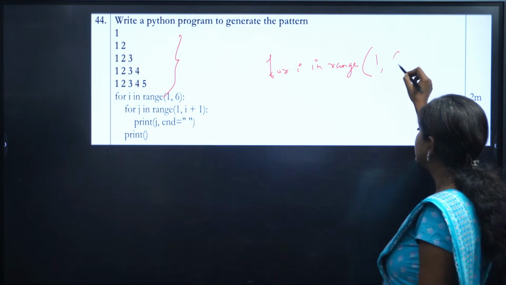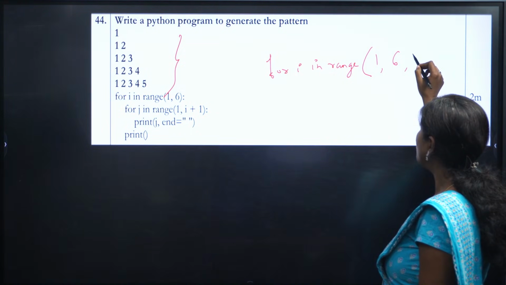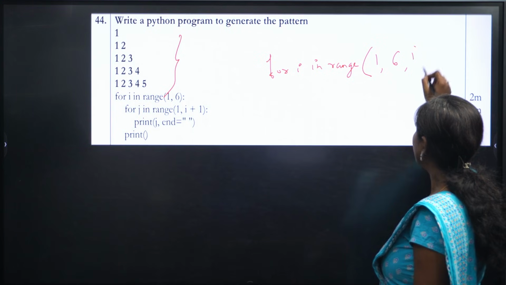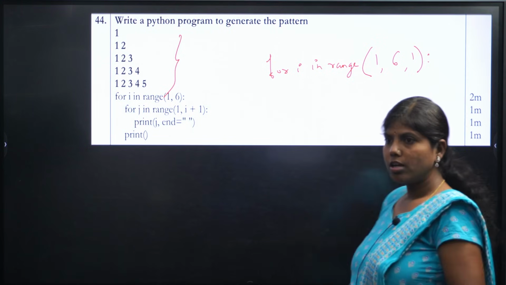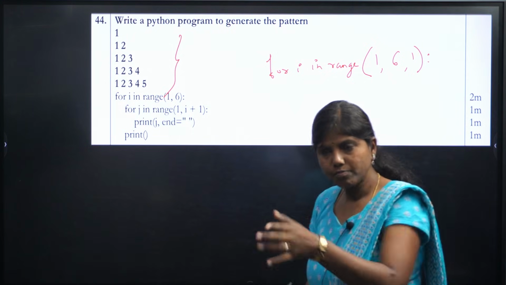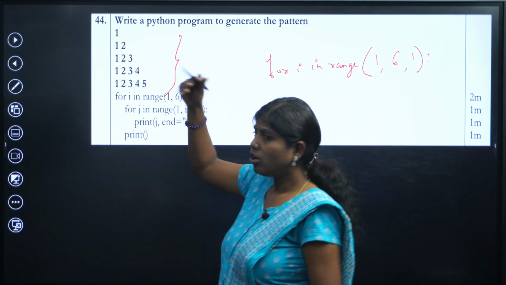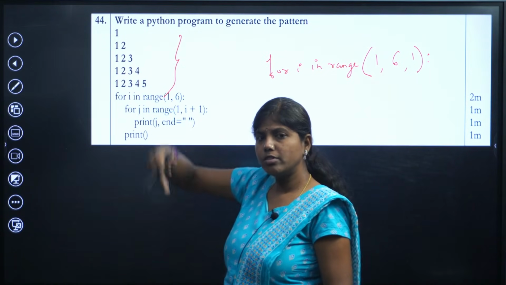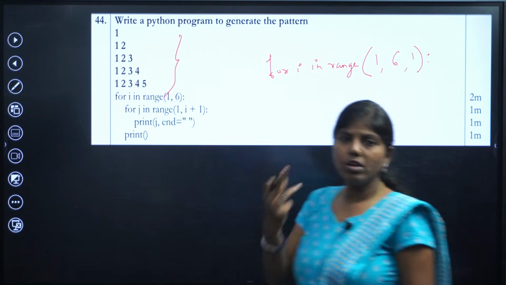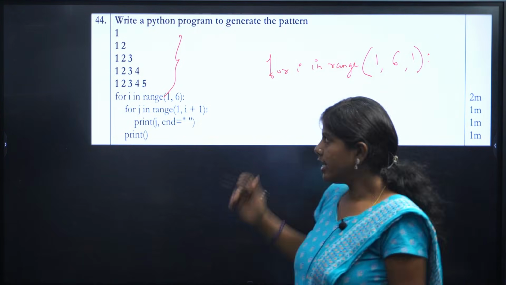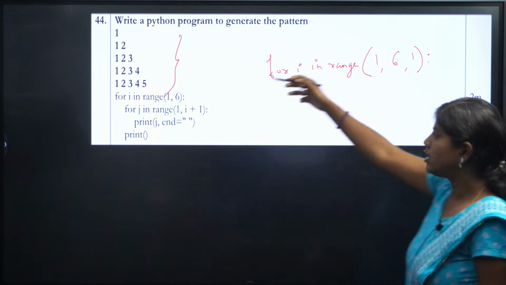So take it till 6, and then I have to increment the value. Increment or not? First row 1 value, second row 1, 2, all the 5 rows should be completed. If you negate it, then it will become wrong. Only 1 will be executed. So ensure that you put it properly. If I don't put it also, that will be fine.